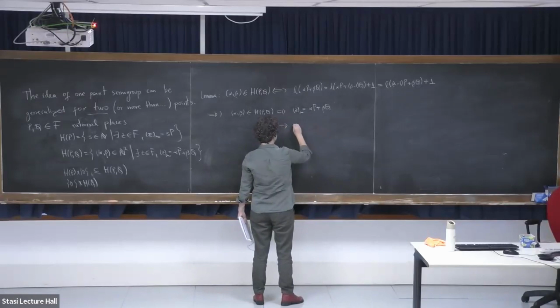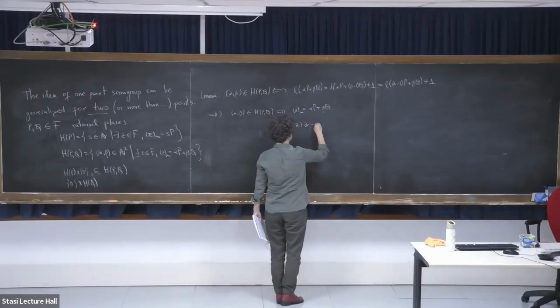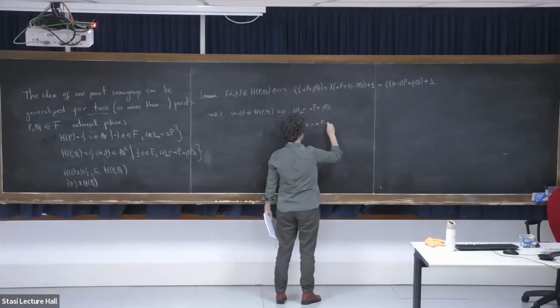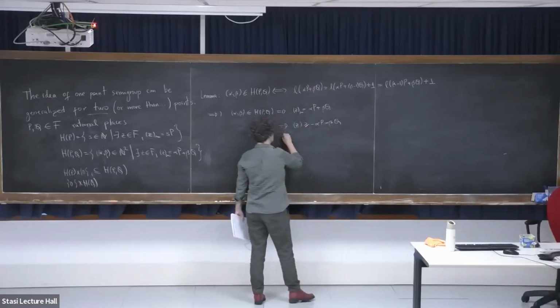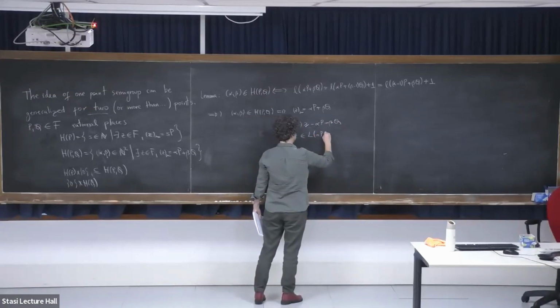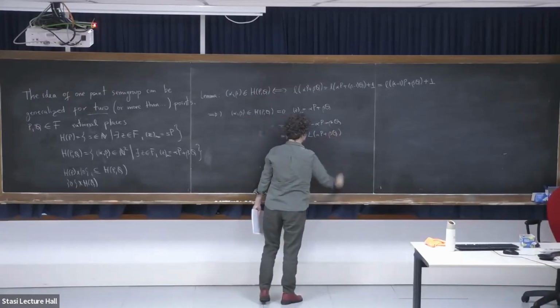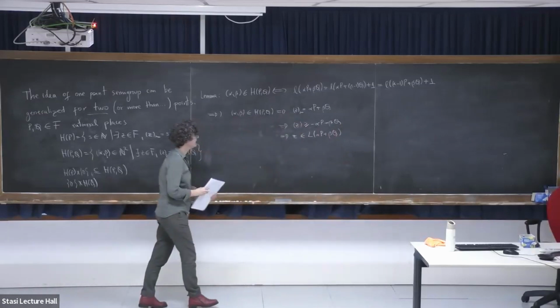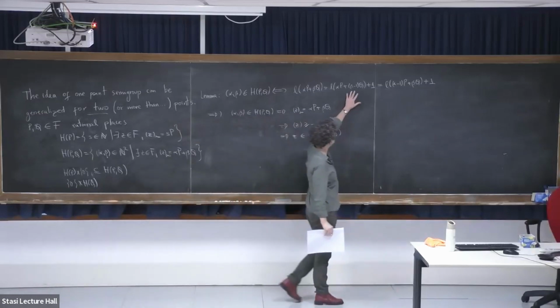This means that the divisor is larger or equal than this, so you have your function in the right place. And your function cannot be here. Why?